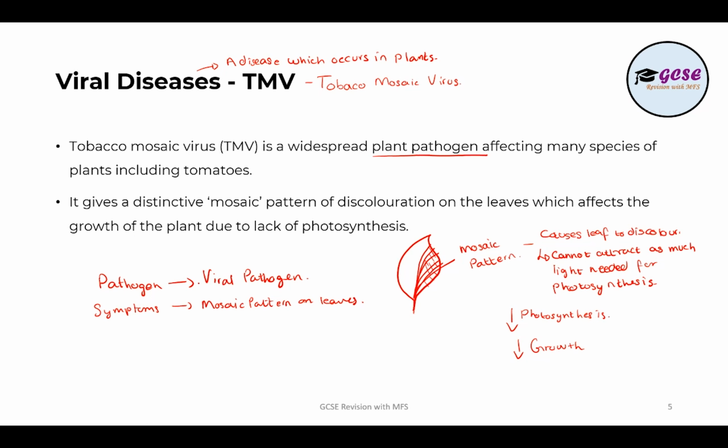Okay. If you want to prevent it, you have to make sure that you don't have plants next to each other with the disease, and if you want to treat it, you have to strip off the infected plant, so it doesn't spread.